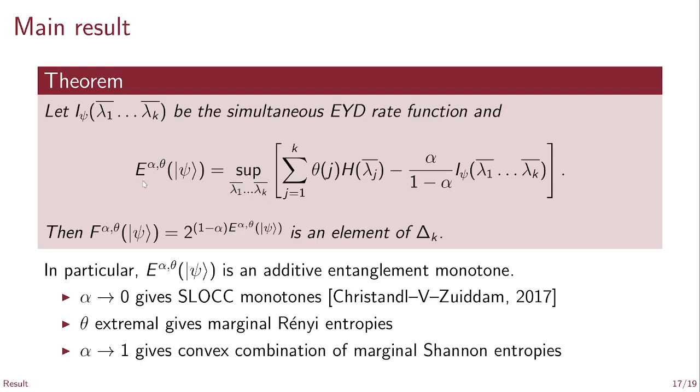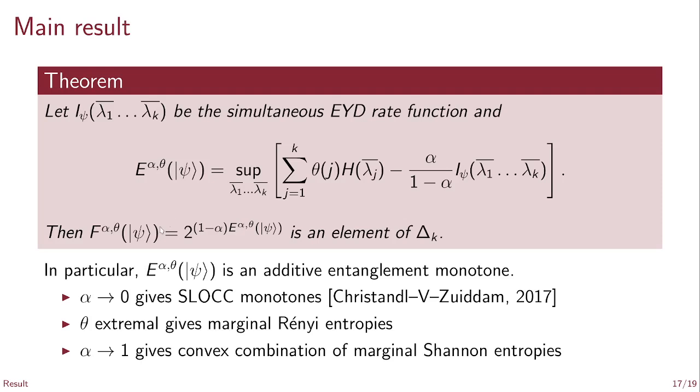Then what we get is, after rescaling and exponentiating, an element of the asymptotic spectrum of LOCC transformations. So this F is multiplicative under the tensor product and additive under the direct sum, normalized on separable unit vectors so it takes the value 1, and it's non-increasing under trace non-increasing LOCC channels.